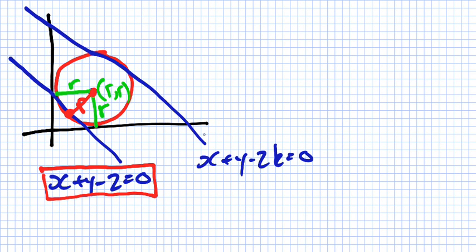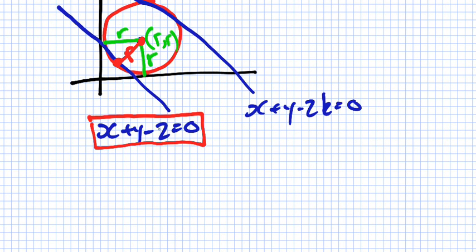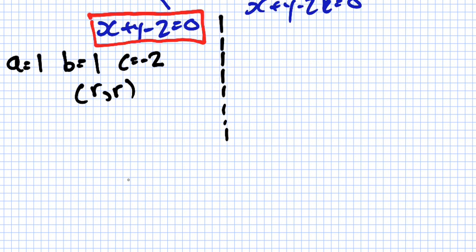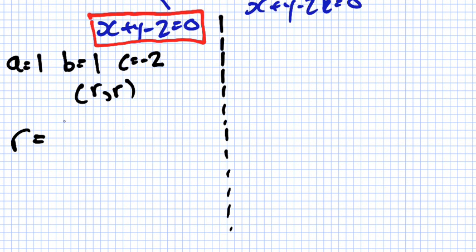So if we use our perpendicular distance formula, here A equals 1, B equals 1, C equals minus 2, and the point is (r, r). So the formula, the perpendicular distance, which in this case is also equal to the radius, it's r as well.